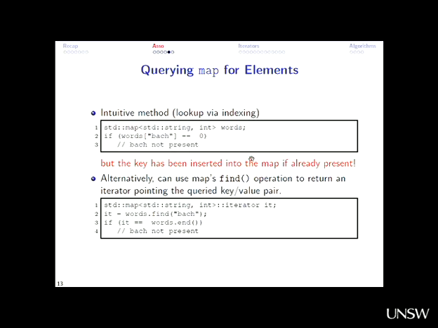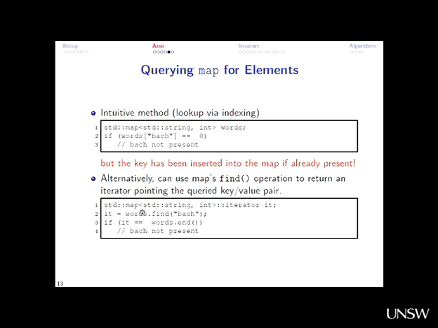Okay, so instead what we should be doing is we should be using the find function on the map. Okay, and that returns an iterator pointing to the queried key value pair. So what we can do is we can say standard map, a map of string to int, iterator type on that map, okay, so it's it.